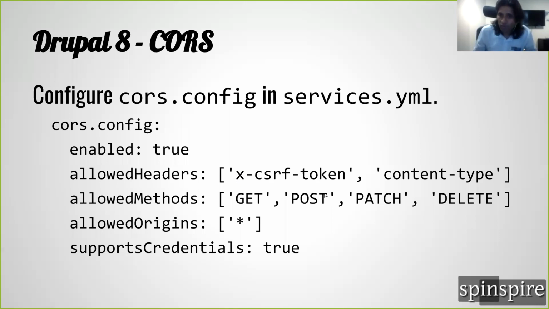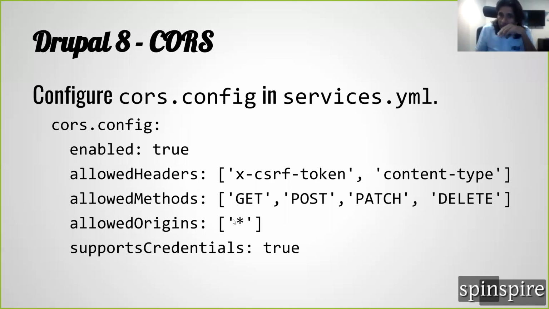Allowed methods, obviously you want to allow every method, so all the get, post, patch, delete. And then allowed origin. Now you can make it star, but in production you should not make it star. Star basically means anybody, any other domain can access. It's okay in development, but in production you want to spell out the specific domain where your ReactJS application is running.